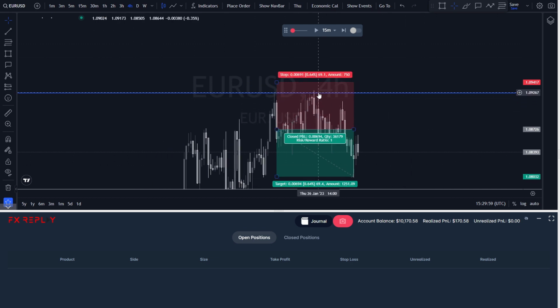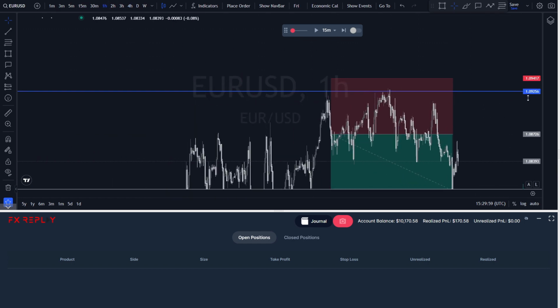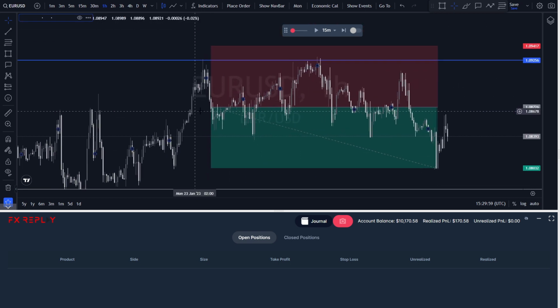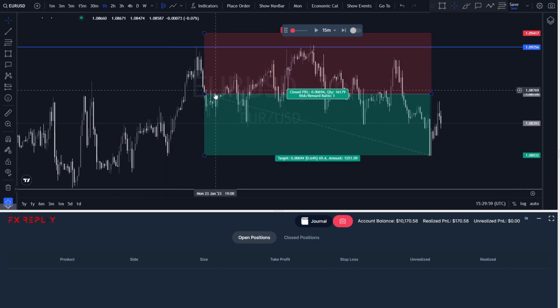And maybe I should have actually entered only right here. Probably that would have been better. But anyway, I entered right here, right after it took out that liquidity back there.